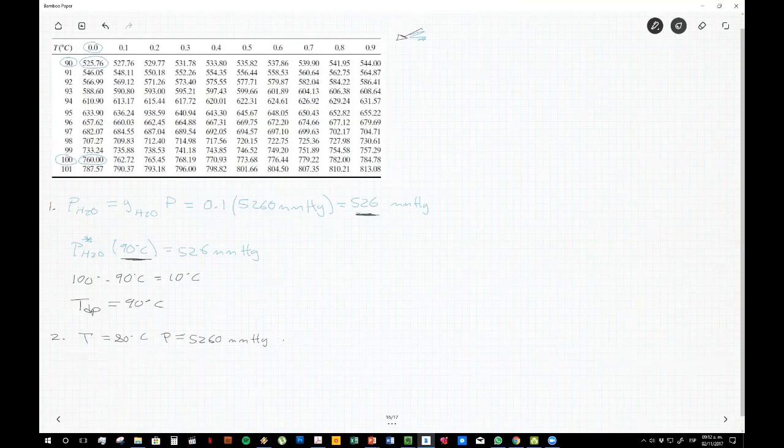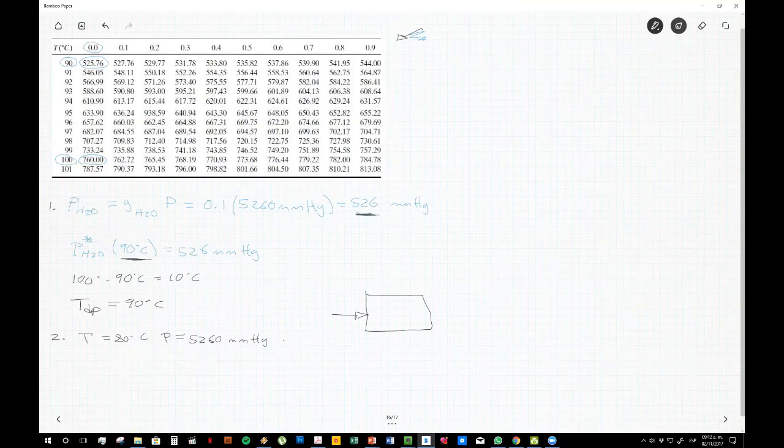So here we have to do a mass balance, right? So I'm going to draw the condenser. Here I'm going to put a box, and we're going to put air on it.